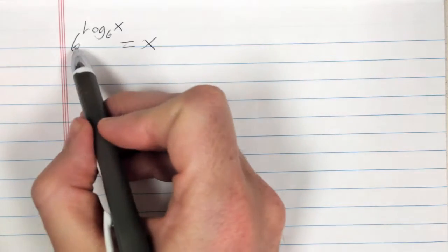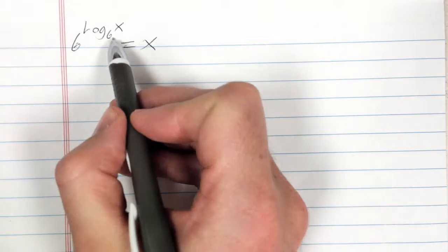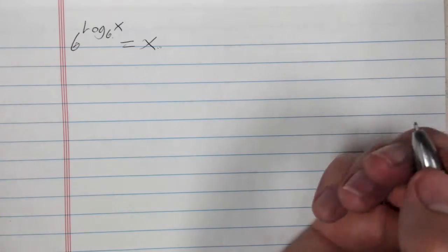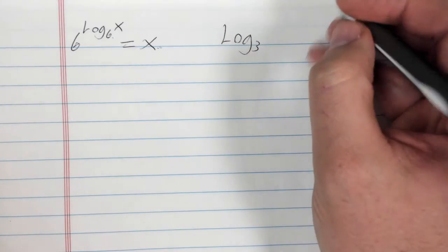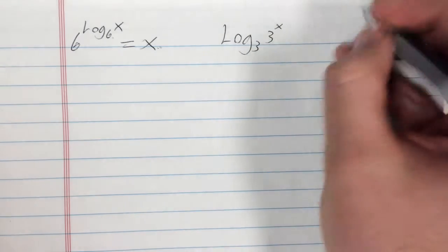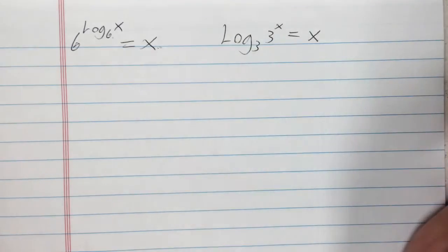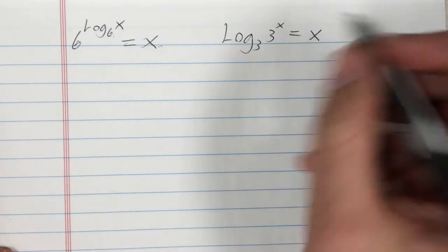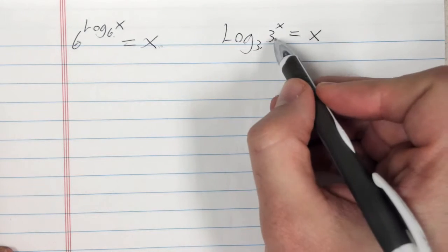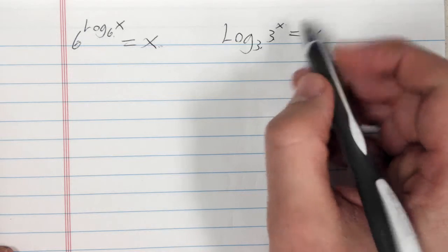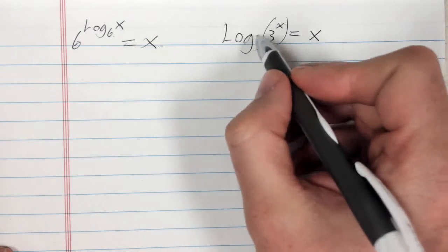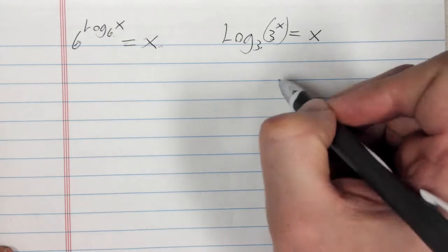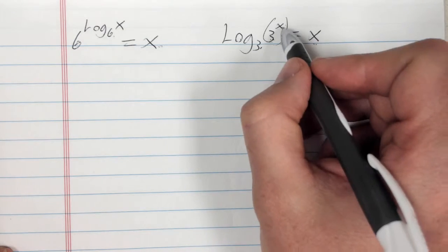Log base 6, 6 to the power of log base 6, that kind of cancels and we're left with x. Log base 3 of 3 to the power of x, again, is equal to x. The base 3 and the 3 to the power of x, this is our exponent statement right there, this is our log statement right here. The log and the exponent cancel each other out, and we're just left with that x.